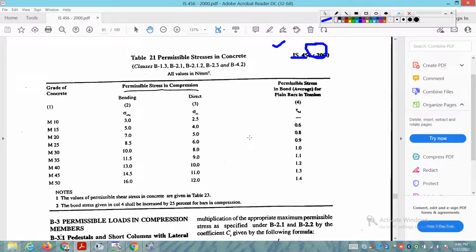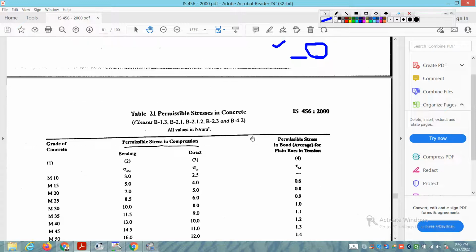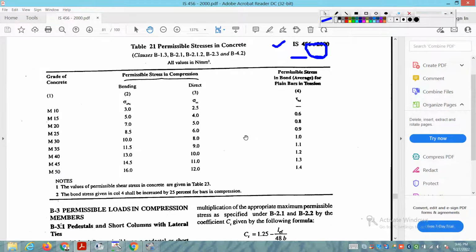And lastly, the working stress method is now adopted only in very rare cases. So in this code, the working stress method has also been incorporated. See this, if M25 is the grade of concrete, then for sigma CBC, permissible stress in compression, the value is 8.5.